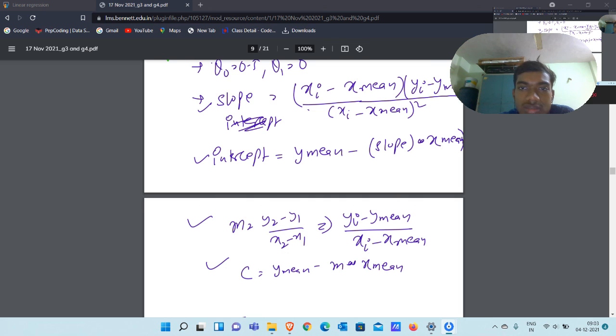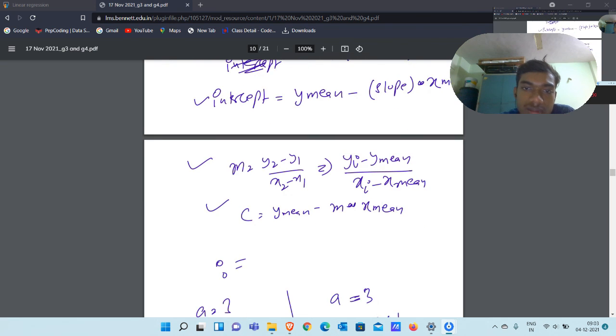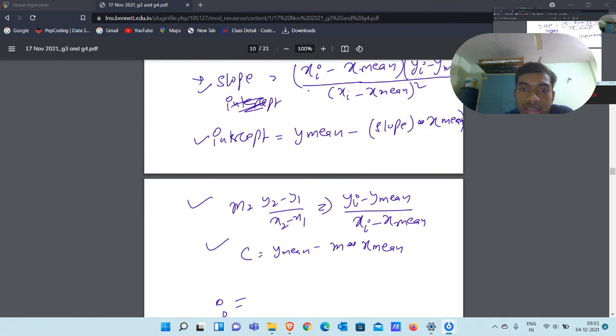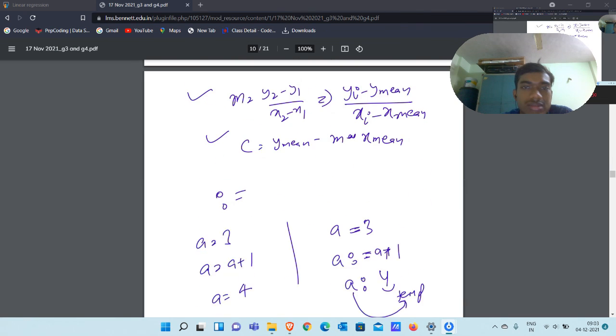Here as well, x i minus x mean gets cancelled from the top and bottom, and with the intercept we can get the values.